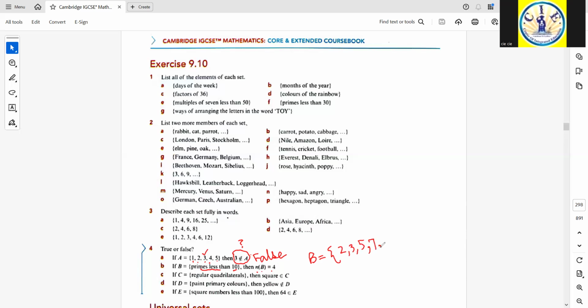The next prime is 11, which is not less than 10, so we do not need to include that. You can see that these are only 4 primes which are less than 10. So yes, this is true.